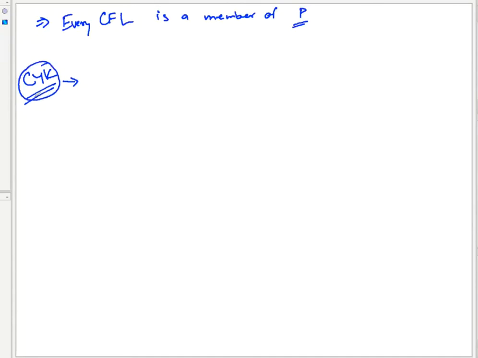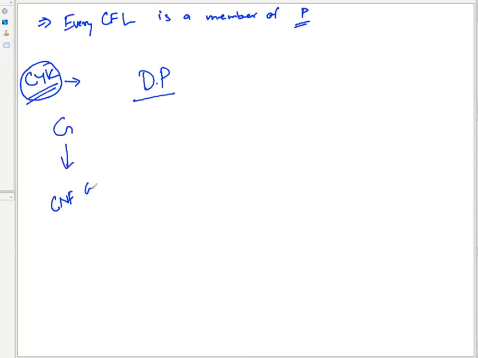CYK algorithm is an algorithm to solve the membership problem for context-free languages. It is a dynamic programming algorithm, a DP, that works in the following way: given a grammar G, you convert it into Chomsky normal form, G dash.